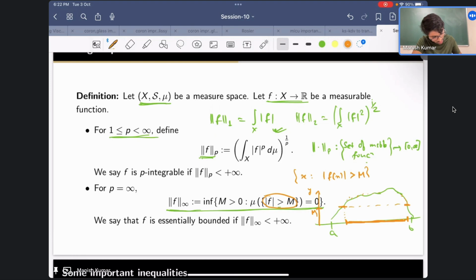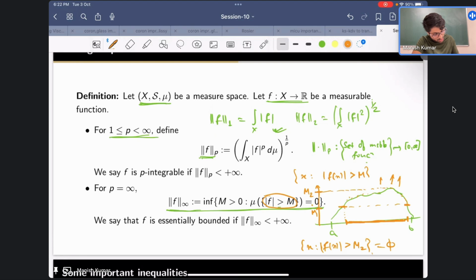Now consider this as your m, which is the supremum of this function. Suppose this is m tilde or m2. For this m2, consider the x such that f(x) is greater than m2. Then what will be this set? This is empty, right? Because there is no point where the function is taking value greater than this. So mu of this set will be 0.